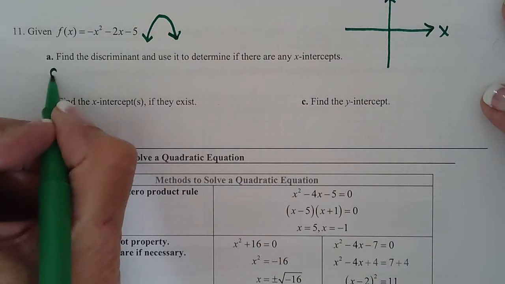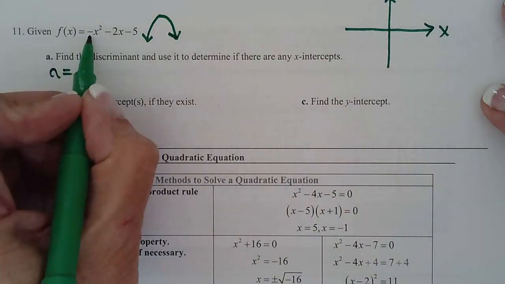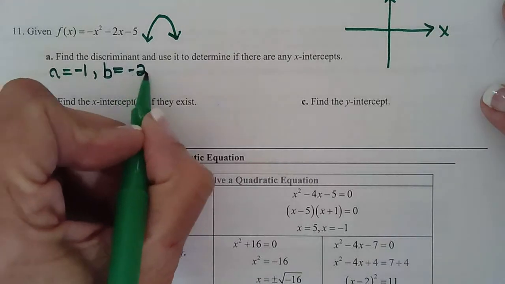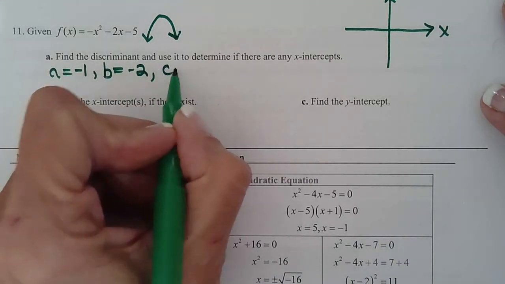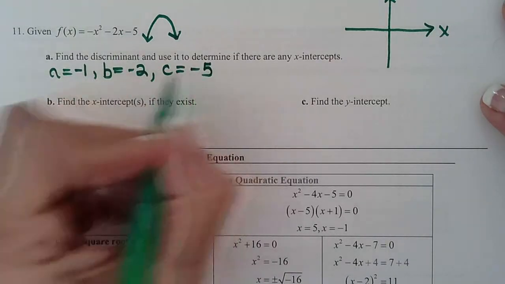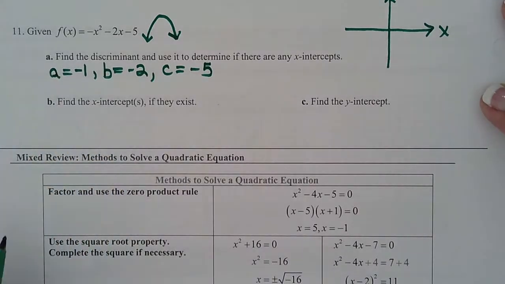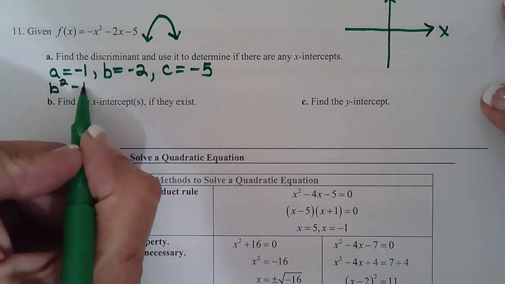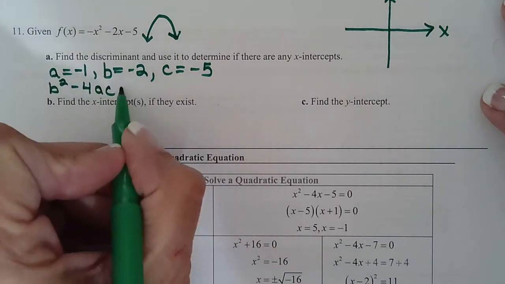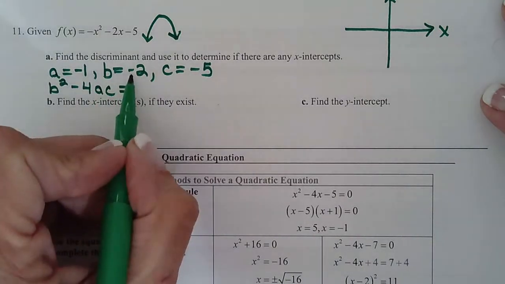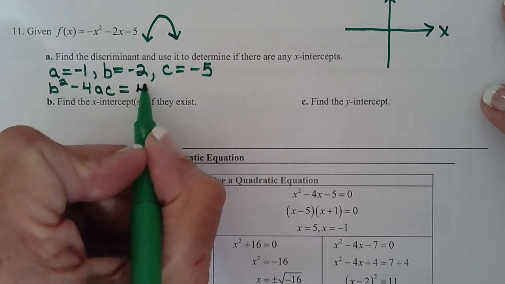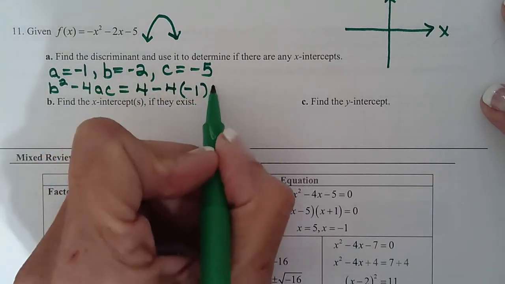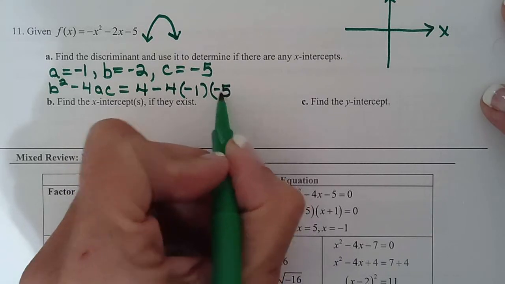So a is -1, b is -2, and c is -5. So we want to find out what b squared minus 4ac is equal to. So b squared, -2 times -2 is +4, minus 4 times a, which is -1, times c, which is -5.